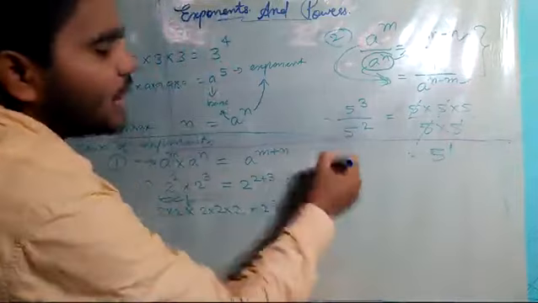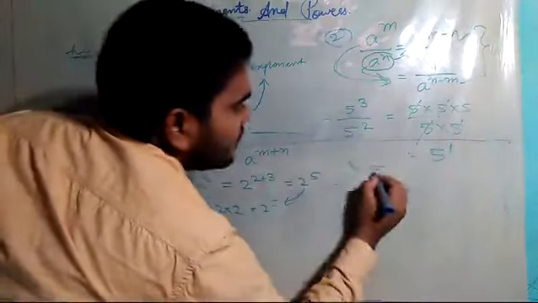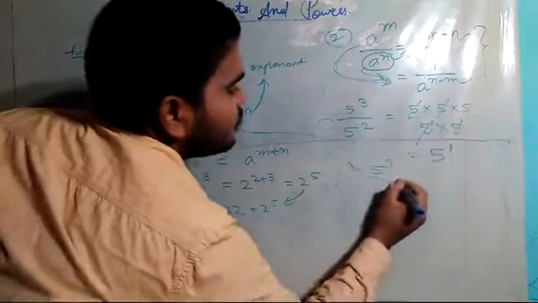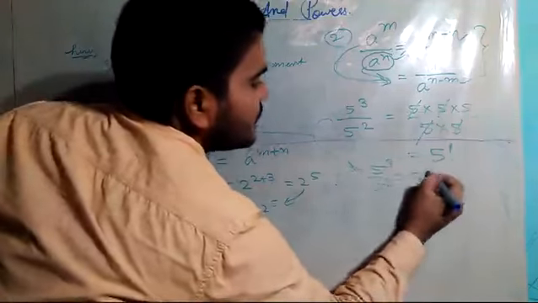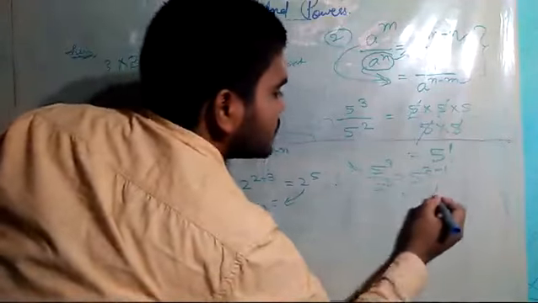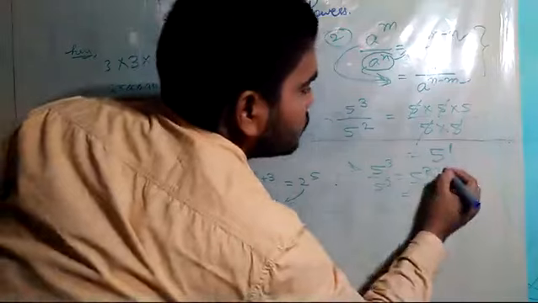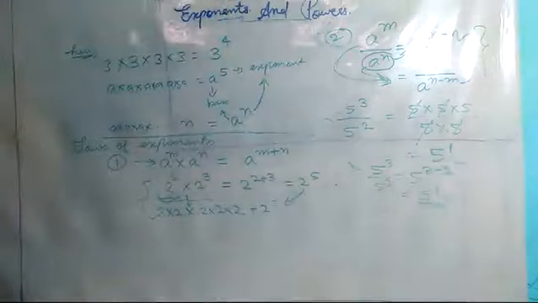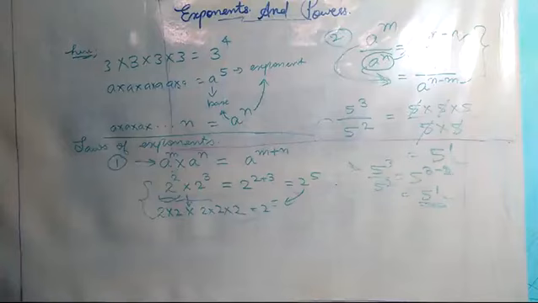Similarly, if you go by the law, 5 raised power 3 divided by 5 raised power 2 will be 5 raised power 3 minus 2, sorry, it will be 5 raised power 1. So the answer is the same. So this is what the laws of exponent are, these first two laws that I have discussed here.